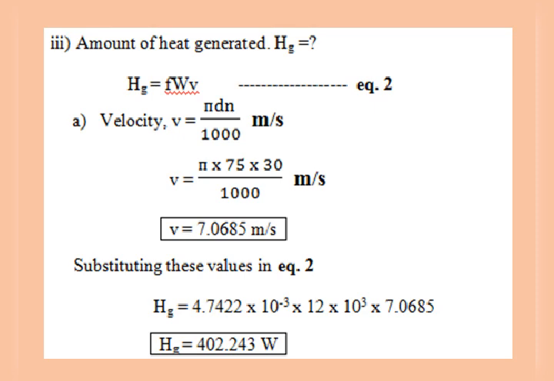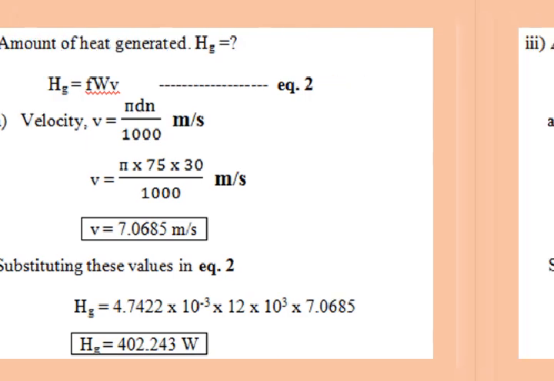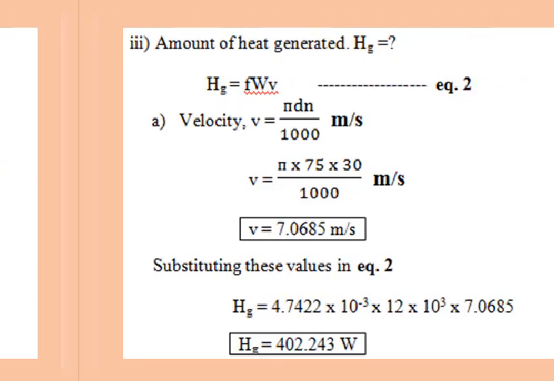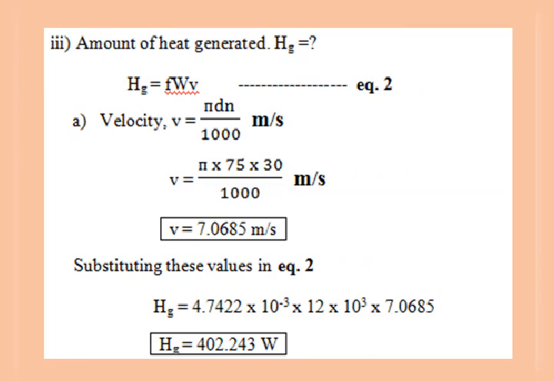So velocity V is equal to pi dn by 1000, and by substituting the values of diameter and speed, we will get V is equal to pi into 75 into 30 divided by 1000. After solving, we will get the value of velocity V is equal to 7.0685 meter per second.